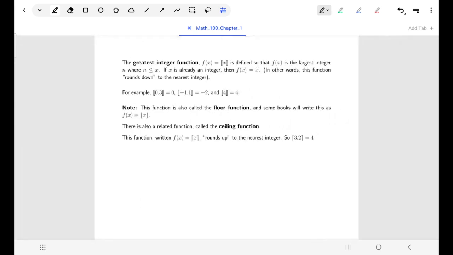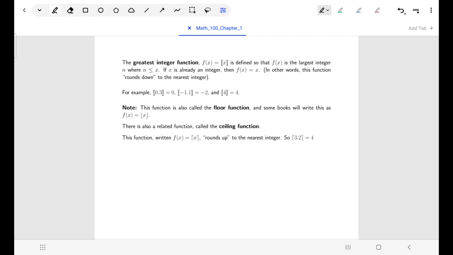Okay, a nice little function. This is one that is used in a bunch of little counterexamples throughout calculus. The greatest integer function, because it's a nice example of a function that has lots of discontinuities and places where it's constant, and it's got some interesting properties. And this is the function that basically what it does is it rounds things down.